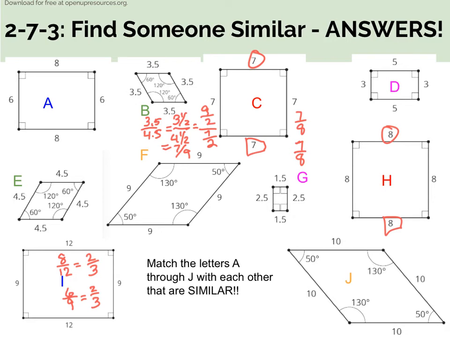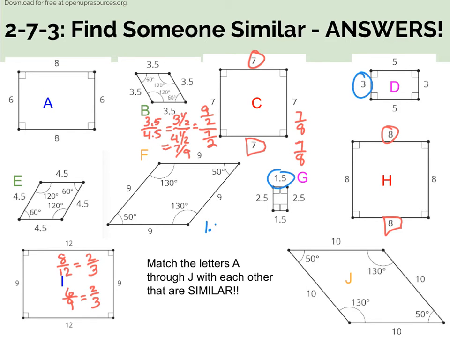Let's look at D and G. So let's go ahead and put the fraction together. And this one, if you look at it, one of them's kind of turned. We're going to put the shortest sides together and then the longest sides together. So we're going to do 3, shortest with the shortest.